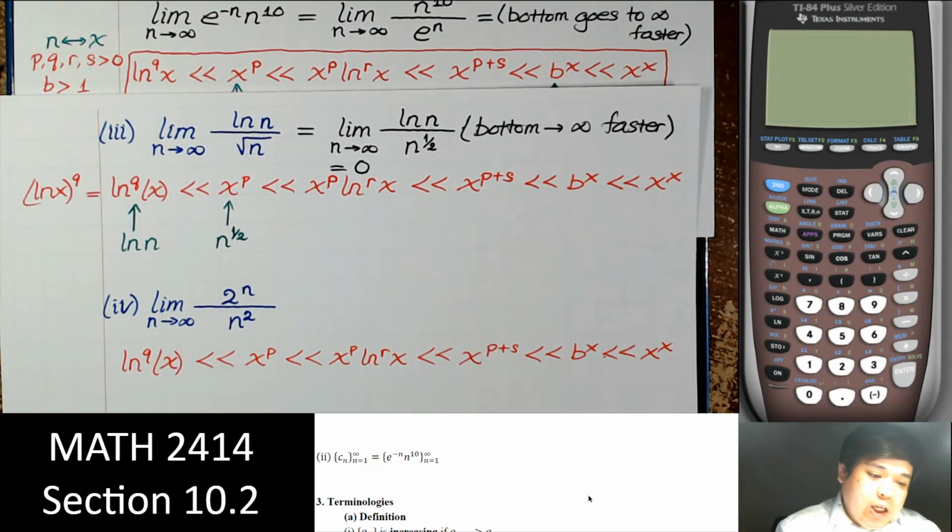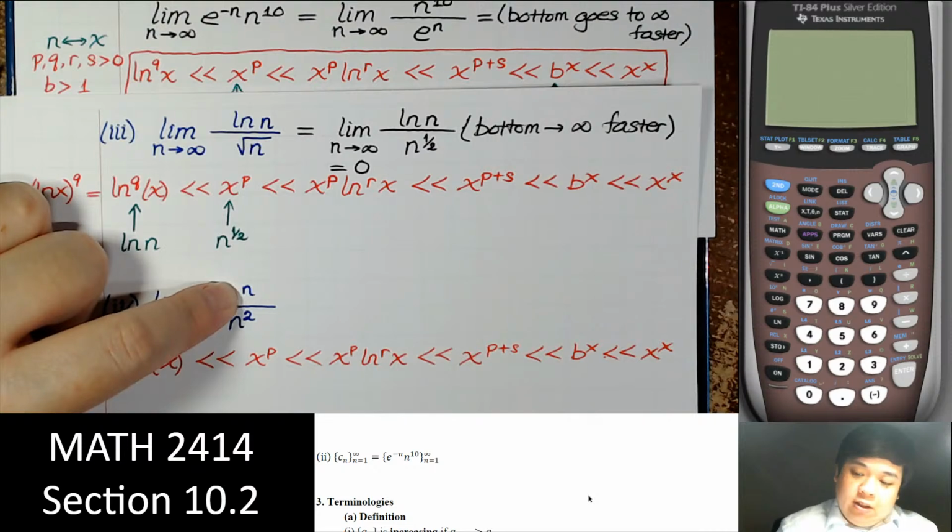Right, 2 to the n, the variable on the top.